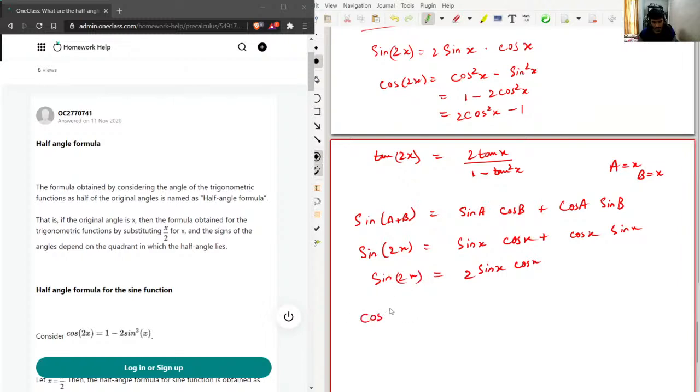Similarly, we'll go with the cosine. So cosine of a plus b is cosine a cosine b minus sine a sine b. Again, I'll put a and b as x. This will become cosine 2x, and this will become cosine x cosine x minus sine x sine x.